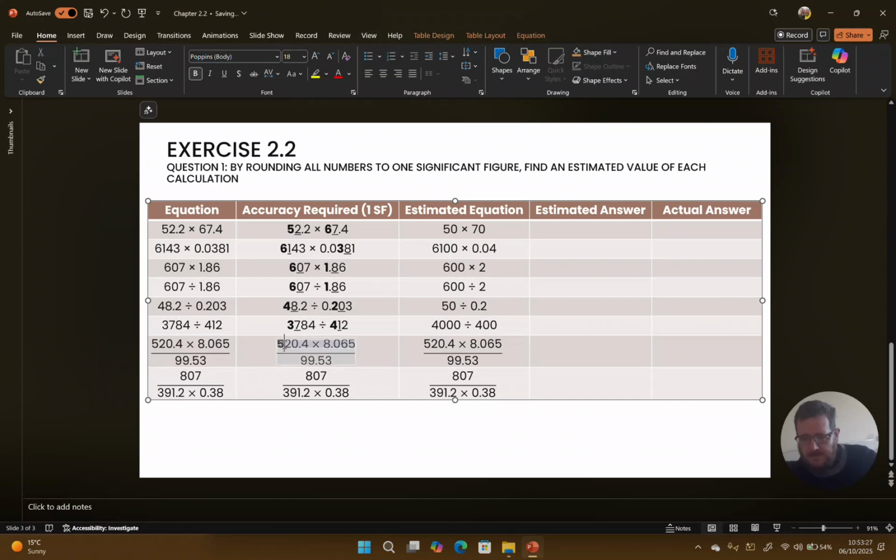520 times 8.065. I think in this case I might have to italicize them because it's a fraction that we're finding the estimate of.